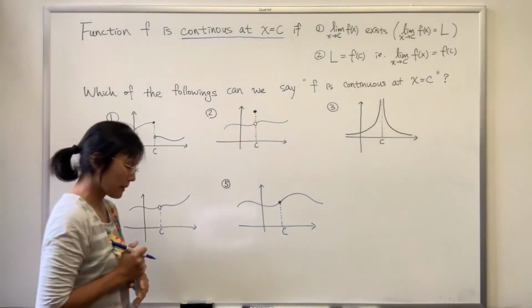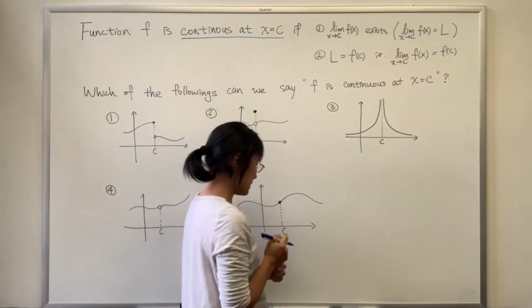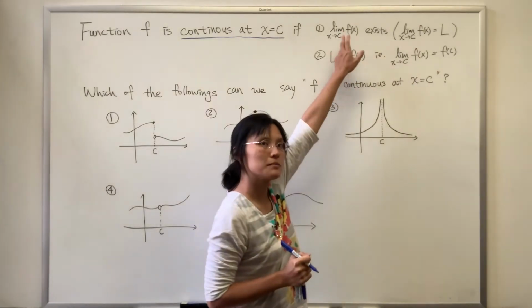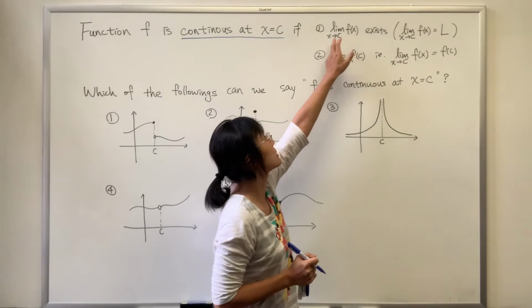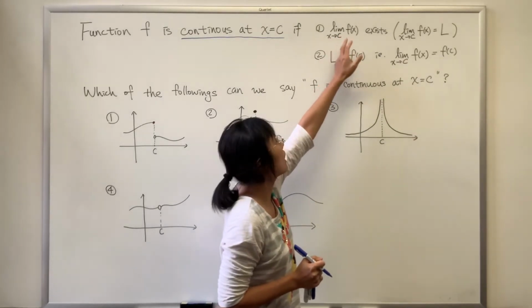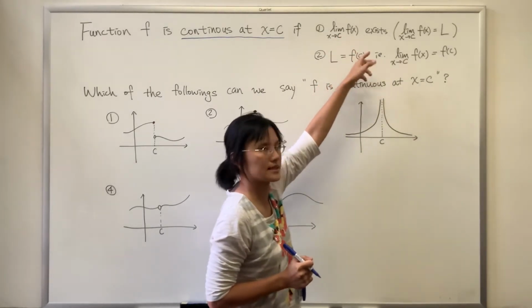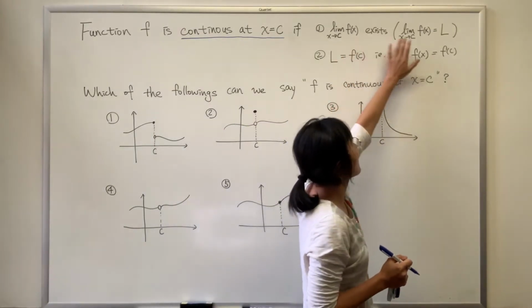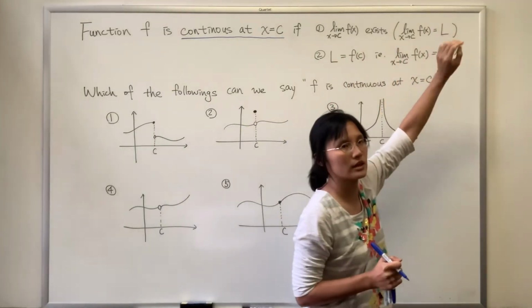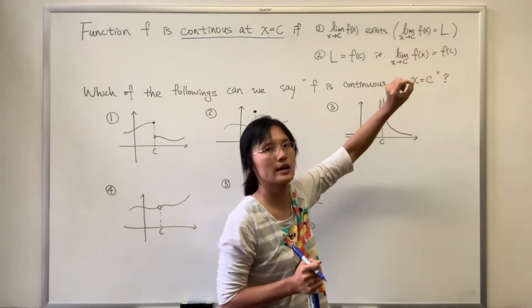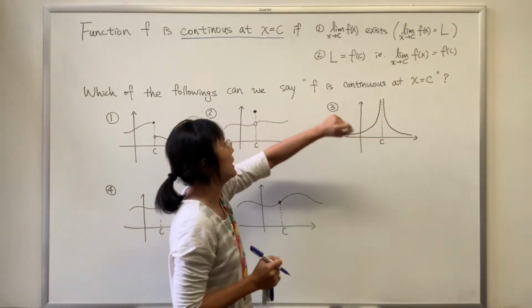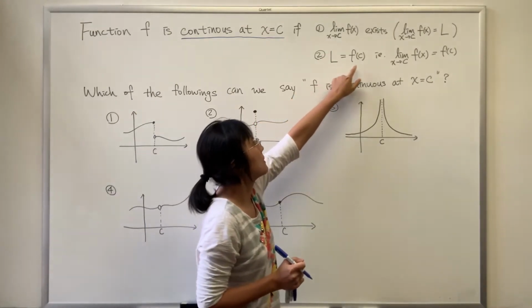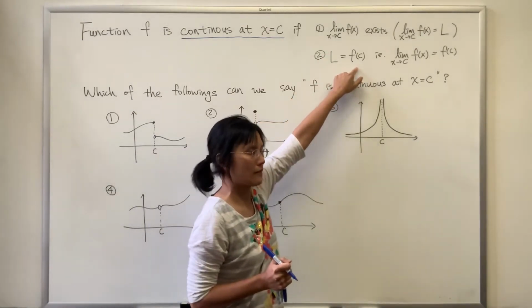So mathematically, the requirement is, first of all, the limit of f as x approaches c needs to exist. So let's just say the limit exists and equals a number, okay? And let's call this number L. And the second condition is that the limit as x approaches c must equal f of c.